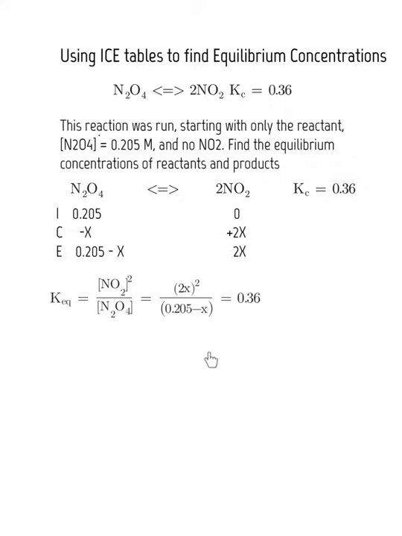So if you plugged in the concentrations for NO2 and N2O4 in the equilibrium expression, you'd have found that we're squaring the concentration of NO2 and we're dividing by N2O4. If we use our expression here, then we would have 0.205 minus X in the denominator and 2X squared in the numerator. And so you can continue and try and solve this problem for X, or we can continue solving it together.